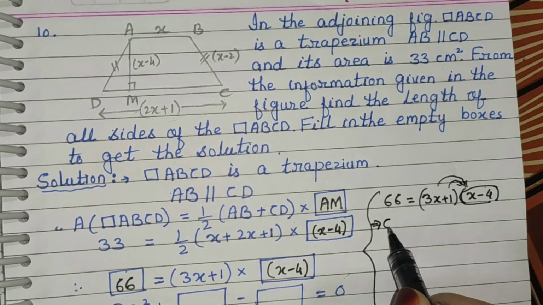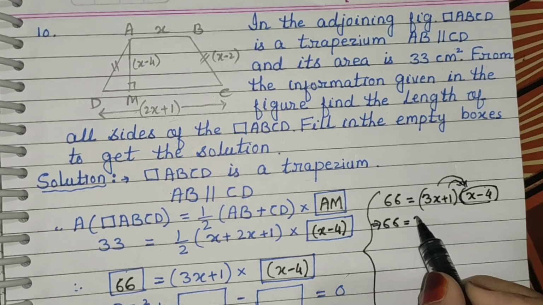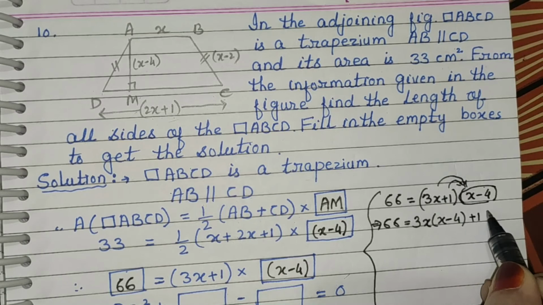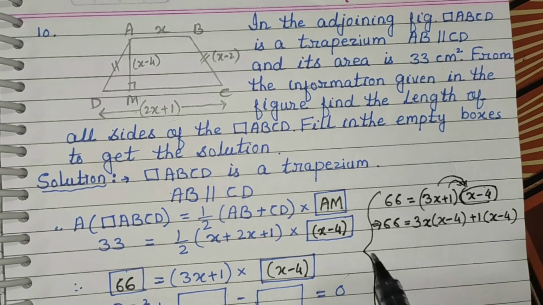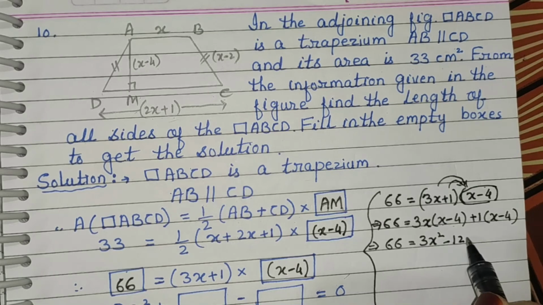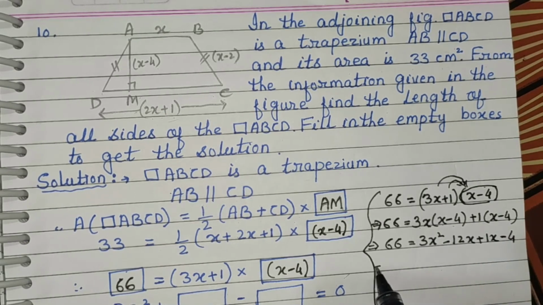We get here 66 is equal to 3x into x minus 4 and plus 1 into x minus 4. Now, solve it. 66 is equal to, now open the bracket here, 3x into x, 3x square, minus 3 4s are 12x. Now, plus 1x minus 4.